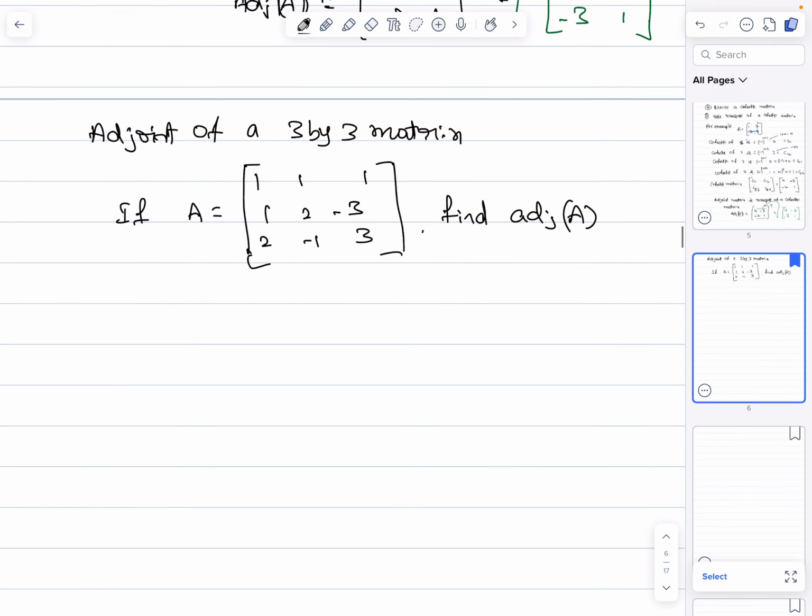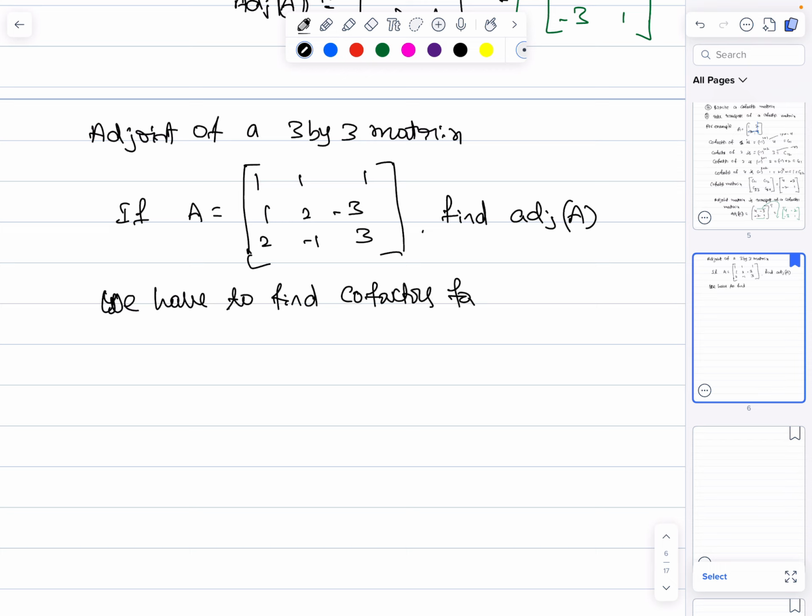So this is very simple. First we have to find the cofactor for each element, that gives us the cofactor matrix.